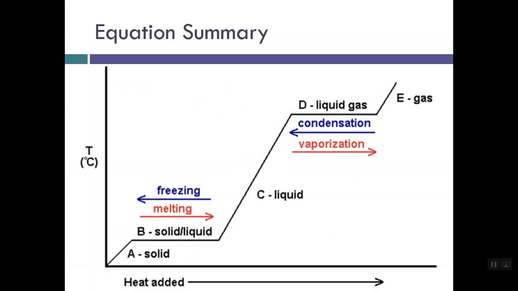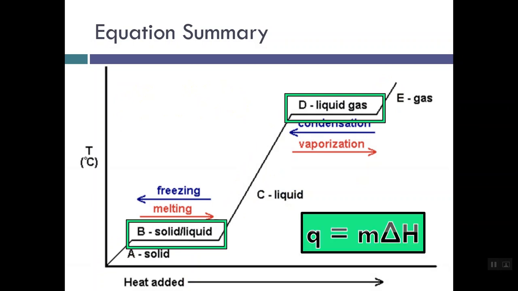When you are doing a phase change, you don't have a change in temperature. So that's where you talk about the change in energy, which is your enthalpy, or the change in heat, which is the Q equals Ma.